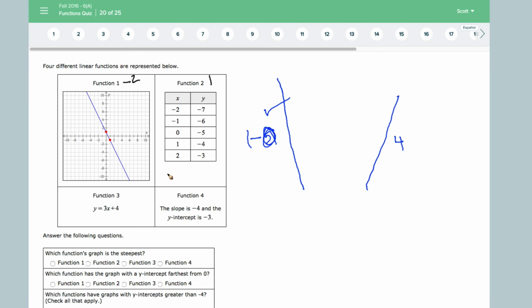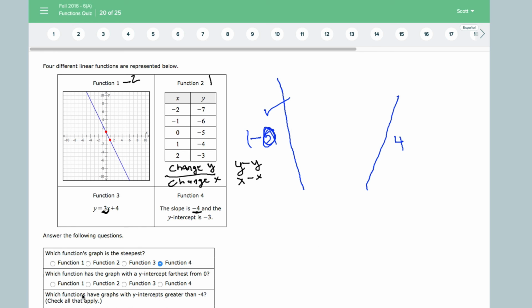Change in y over change in x, or if you remember, y minus y over x minus x. That's our slope for tables. The slope here is a 3, and the slope here is a -4. So which one of those is the biggest number? That's a 1, that's a 2, that's a 3. So function 4 is the steepest.